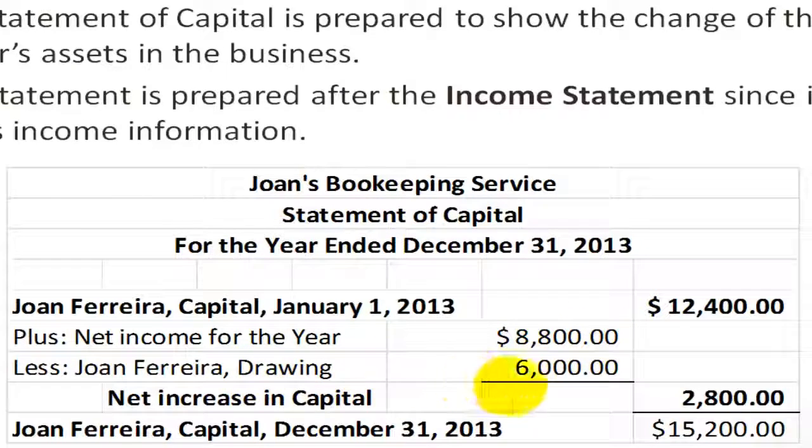Joanne decided to take out $6,000 as a drawing. In larger companies, this could be called a dividend. And the net increase in the capital when we subtract these two is $2,800. The amount of money that the business is worth to the proprietor, or what the business owes to the proprietor, is $15,200.